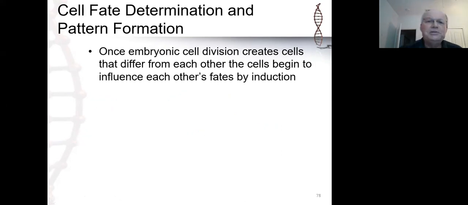So how is this determination developed? What is the signaling that's going on, or what's the origin of the signaling that goes on to determine a cell's fate? Well, again, we turn to the work of Spemann and one of his graduate students, Hilde Mangold.